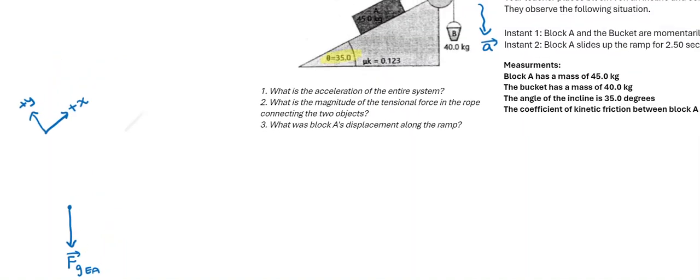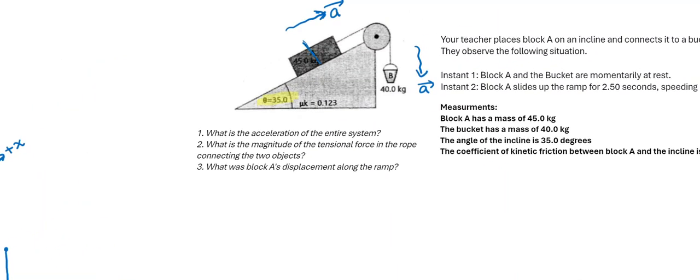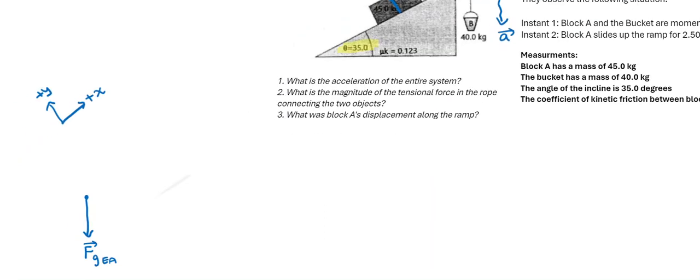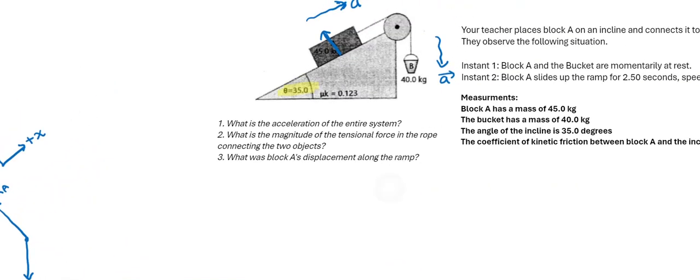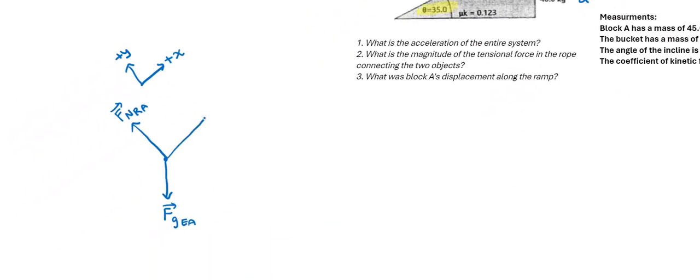And now we have the normal force, which is pushing it up, so we're going to draw it diagonally like that. That's the normal force of the ramp on block A. And then we also have the tension force pulling it this way. And lastly, we have kinetic friction.